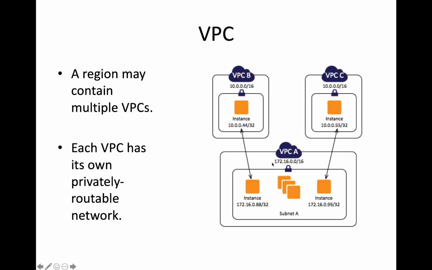And each VPC is associated with a network block or a network range. This represents a usable set of IP addresses that I can use within that VPC. Think of this as being like your internal network or your local network that you're defining for the VPC. If you were to configure a router in your home, then you would set up a private network address block associated with the router and all of the other devices within your home.